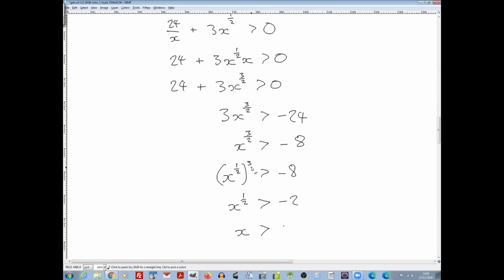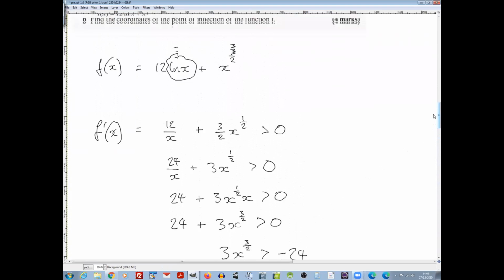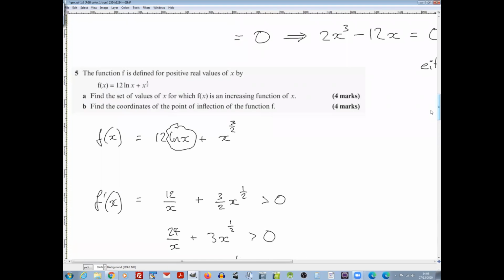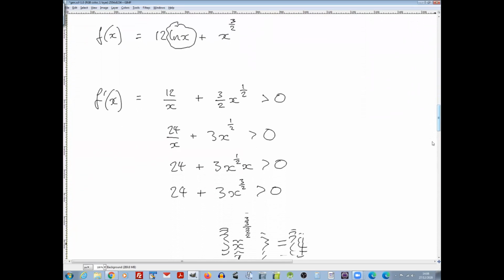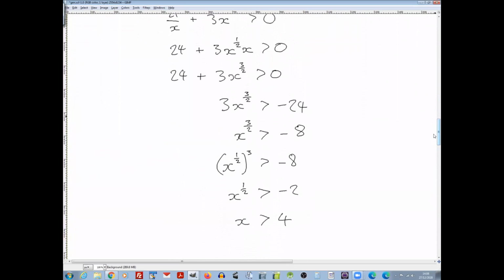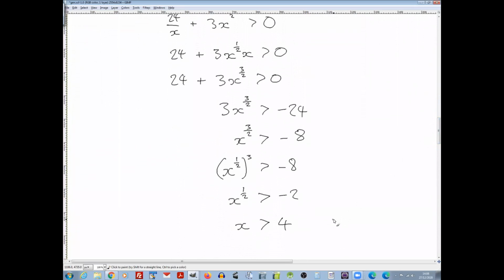But didn't you do the cube root of this cube? Since you had a cube here, you said I'll take the cube root of each side, quite rightly. Oh, square it, yeah, of course. Squaring each side, we get 4. Good. So the set of values is x values which are larger than 4.